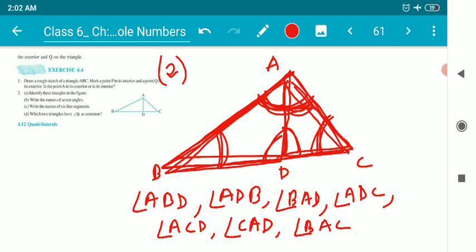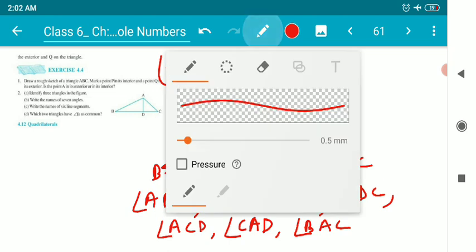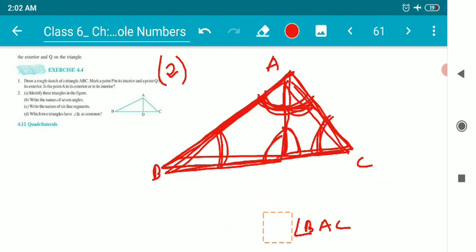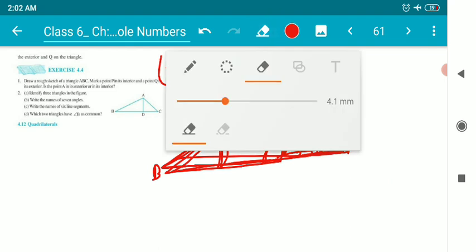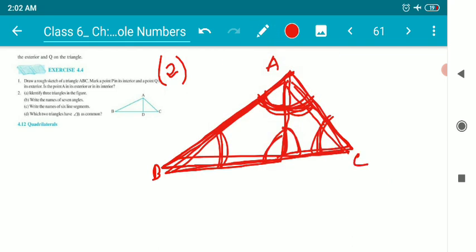Now the next one is write the names of 6 line segments. From this figure we have to name 6 line segments. Children, the first one is AB. First line segment is AB. Then BC, the whole one, BC.